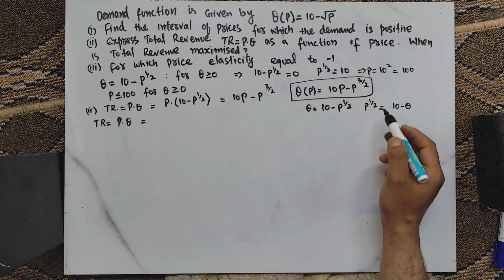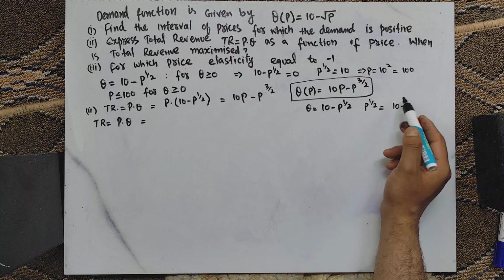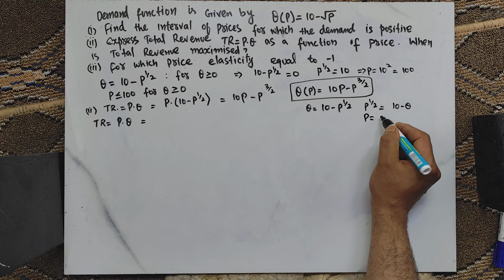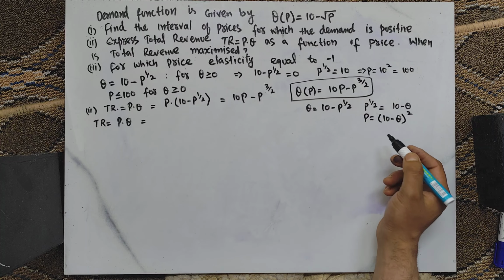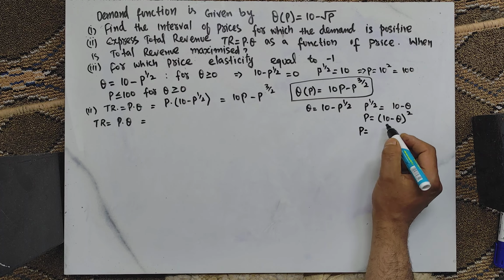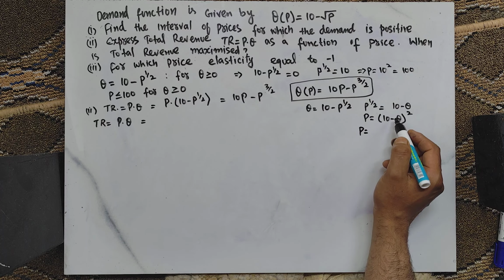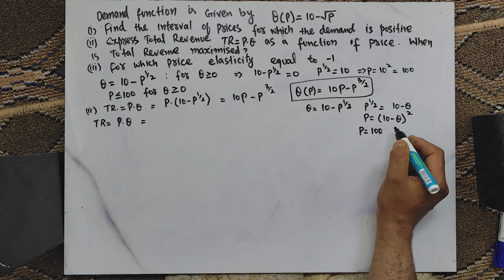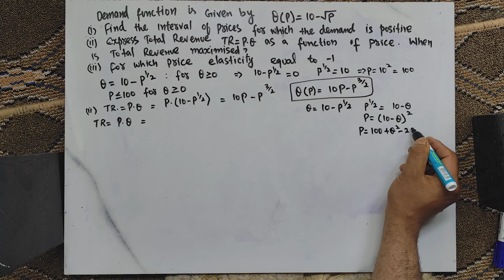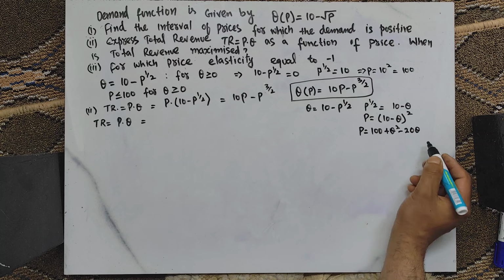Transpose this exponent, it becomes square. So P will be equal to 10 minus Q, whole squared. Using the identity of A minus B whole square, which is A square plus B square minus 2AB, this is 100 plus Q square minus 2 into 10 into Q, which is 20Q. So this is our inverse demand function.